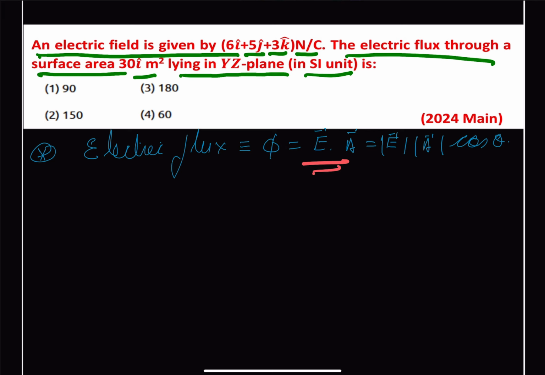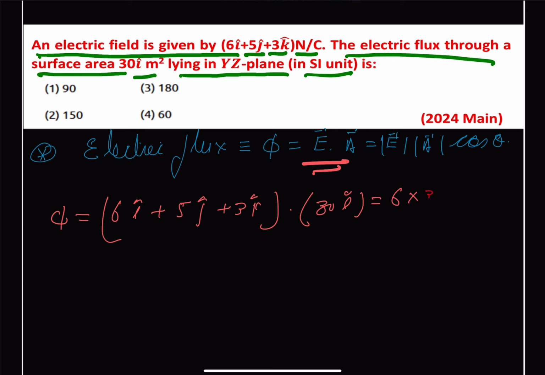So our flux phi will be equal to E, which is given as 6I plus 5J plus 3K, dot 30I, and here dot product means same terms, so this will be giving us 6 multiplied by 30, which will be coming as 180 Newton meter square per coulomb.